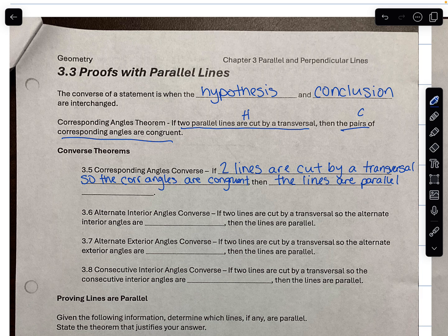Now, we're going to go through each of these different converses, and then we'll look at some examples of how we would use those in a second, okay?